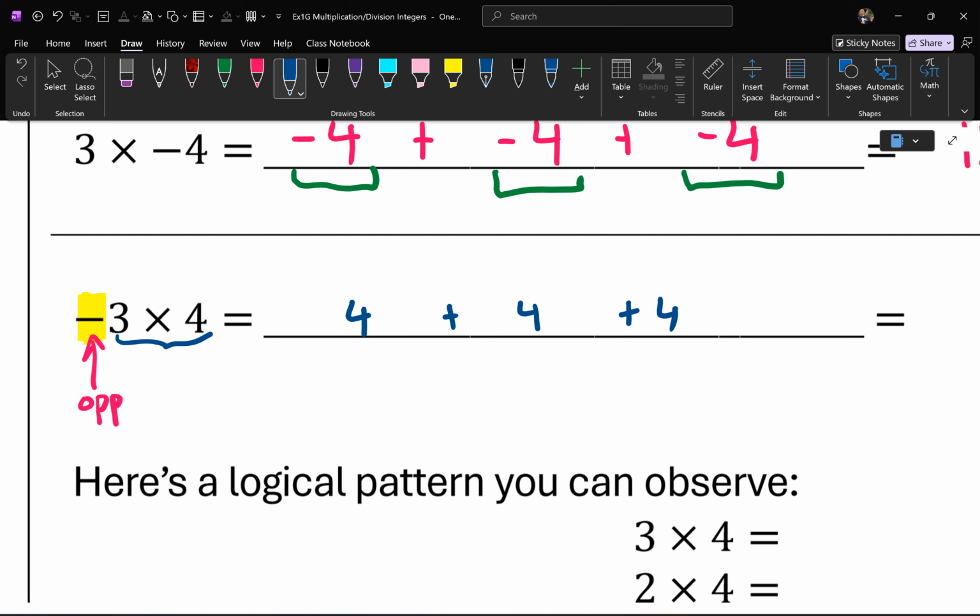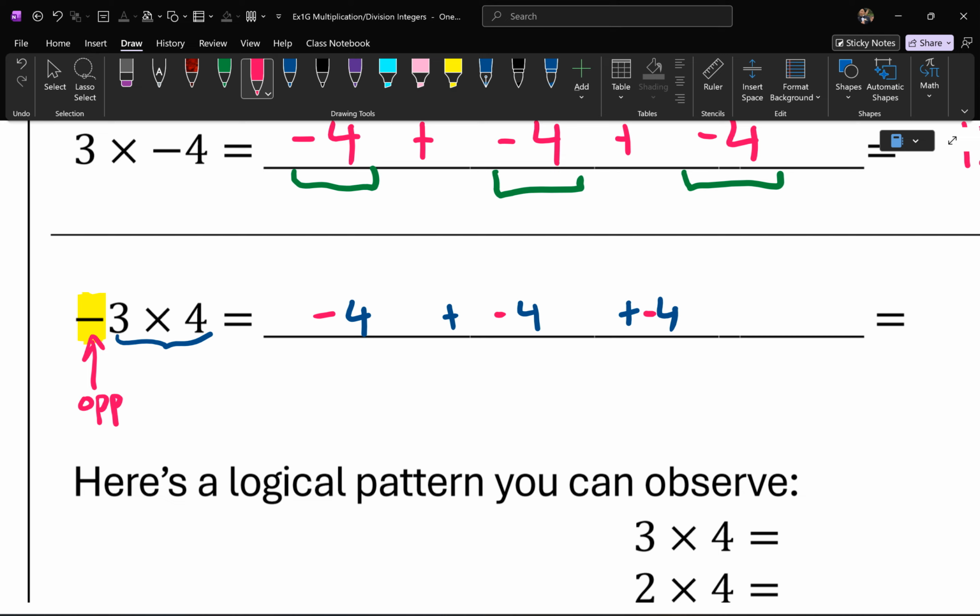So that's $12. But I'm saying the opposite of that. So instead of gaining money each time, I'm telling you to get the opposite of gaining it.